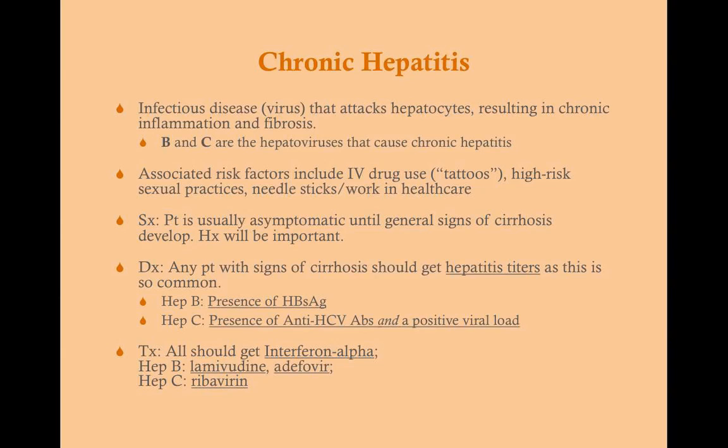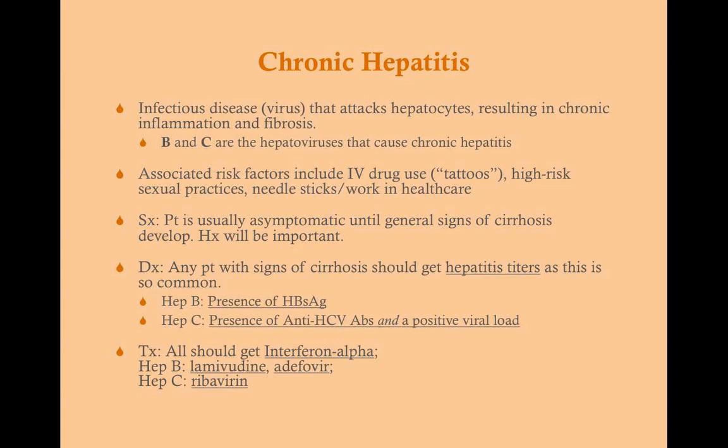We do have a vaccine for hepatitis B, and all healthcare workers and people in high-risk situations should be advised to get this vaccine. Hepatitis C, we do not yet have a vaccine. The associated risk factors for both Hep B and Hep C, because they are bloodborne, include IV drug use. A lot of patients will say that they had tattoos. Most tattoo parlors are relatively well regulated, but that's what a lot of patients will tell you.